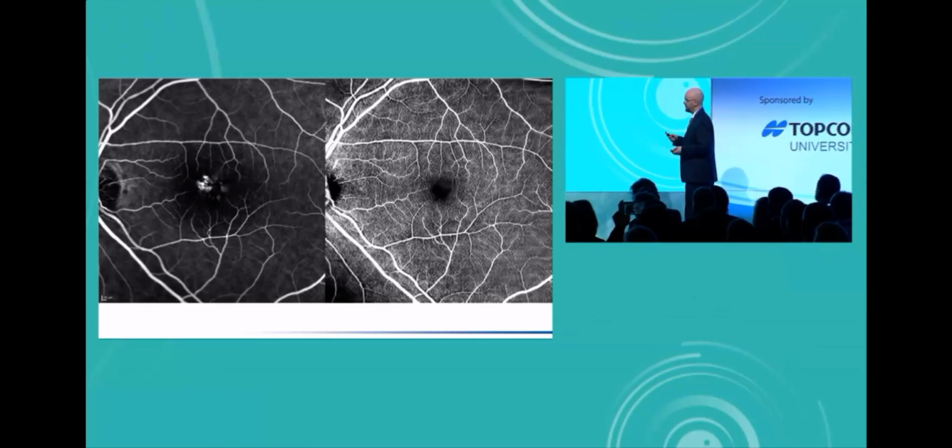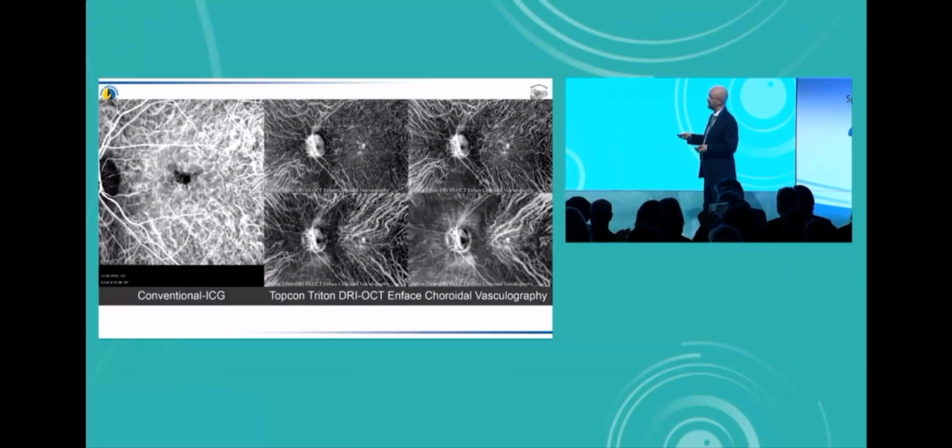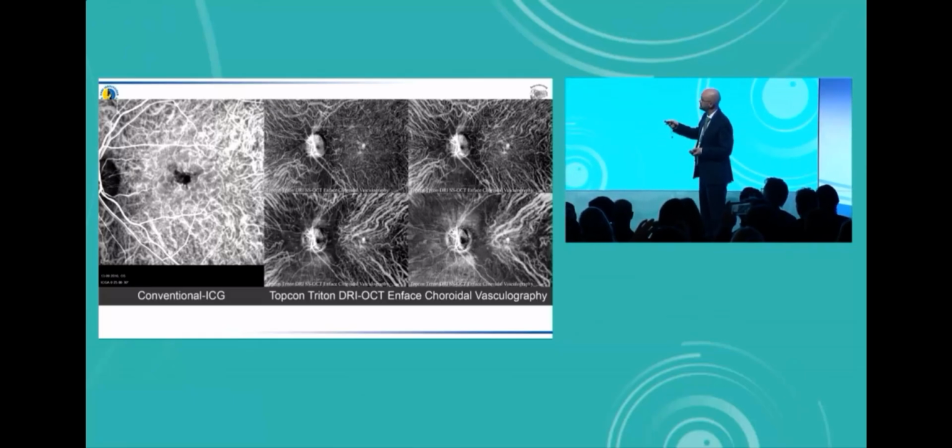And on the same patient, I did an ICG. And if you look at this ICG right here, you see all of the small vessels, you see all of the larger vessels, you see everything that's going on in the ICG here, and you compare it to different layers of the structural OCT visualization of the choroid, you can see that there is none of the vessels in the ICG that are not visible at some point in time in the structural OCT.